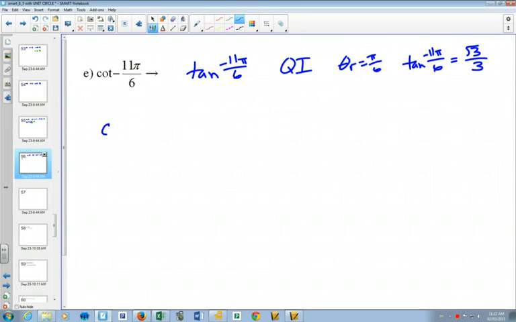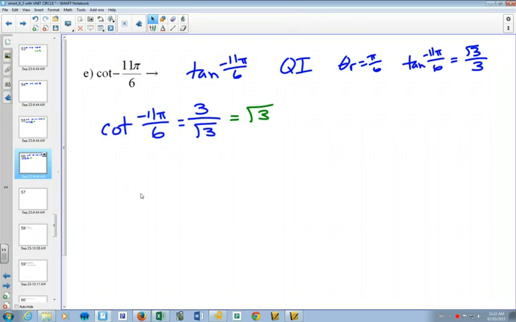That means that cotangent of negative 11 pi over 6 will be 3 over root 3. Which, if you rationalize the denominator, would equal root 3.